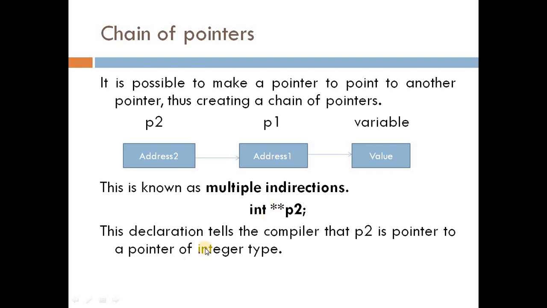This declaration tells the compiler that P2 is a pointer to a pointer of integer type. The pointer P2 is not a pointer to an integer but a pointer to an integer pointer. So this is chain of pointers.